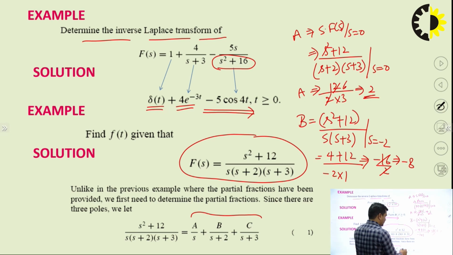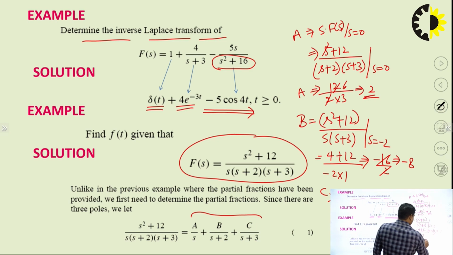What is the value of c? That is s square, 3 square is 9, 9 plus 12 divided by minus 3 into minus 1. It becomes positive, and 12 plus 9 is 21 divided by 3, it becomes 7.